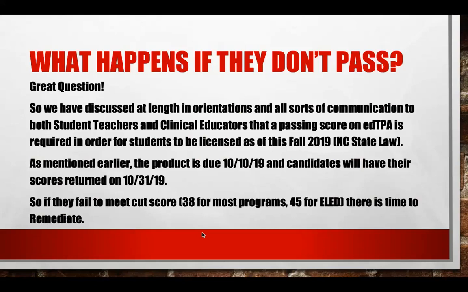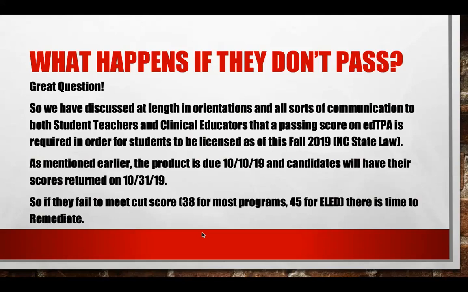For most programs, it's a score of 38. That's for 15 rubrics. For LED, they have 18 rubrics, and a passing score would be a 45. So as mentioned, 10/10, October 10th, that's the deadline to turn it in.